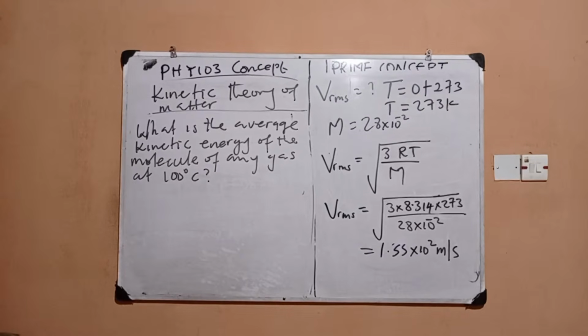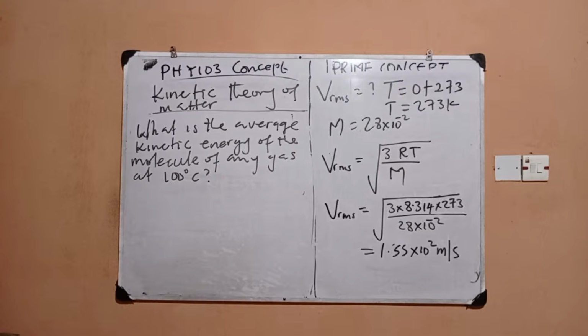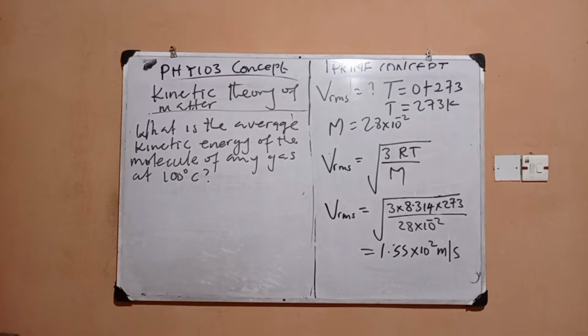Okay. Divine Praise has an answer. Shirley has an answer. Okay, 7.72 times 10 to the power minus, is it minus 21? Okay, all right, let's confirm.